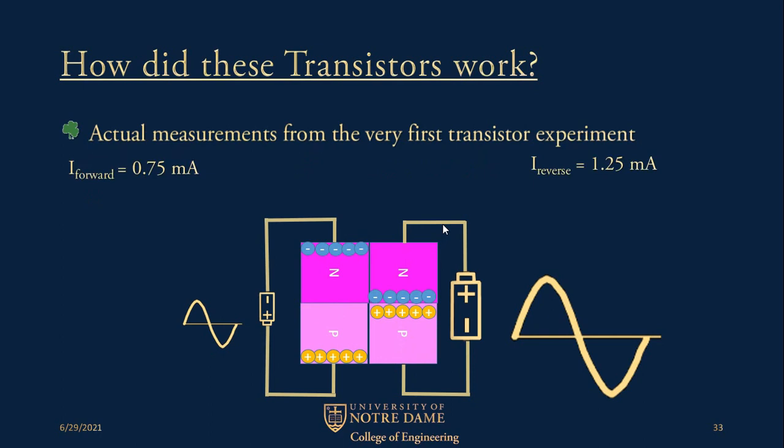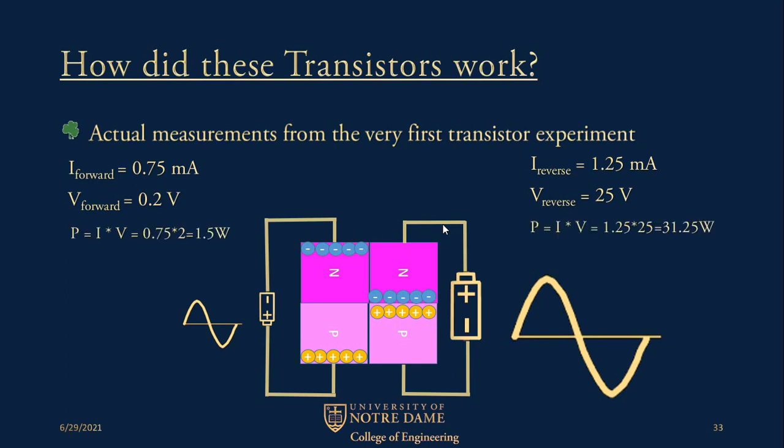The forward current is 0.75 milliamps, and the reverse current is slightly higher, 1.25 milliamps. However, the forward voltage is only 0.2 volts, but the reverse voltage is 25 volts. So when we calculate the power, we see that the power consumed is 1.5 watts in forward, but in reverse, we're actually producing 31.25 watts.